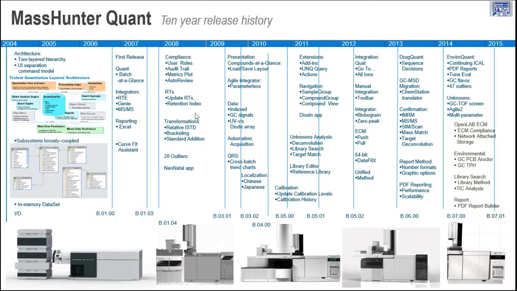And you can see the features have been added over this period of time. In the recent years, there's been a focus on the drug quant workflow, and then this shipping release and the next release, strong focus on the EnviroQuant workflows, which I'll talk about in some detail here.